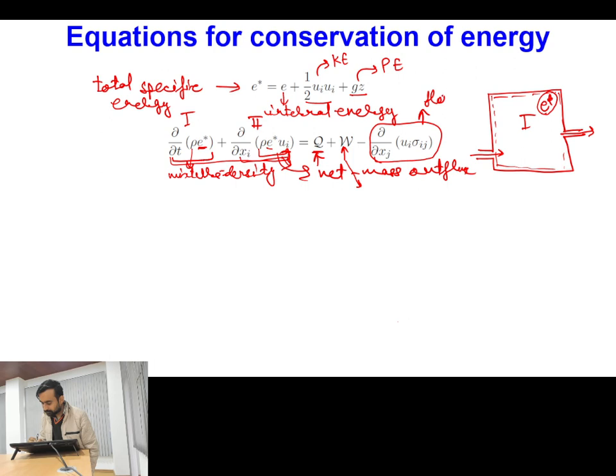Viscous effect. Flow work. Whenever you have a moving stream, we have a quantity called flow work. Typically in thermodynamics, we call the product of pressure and specific volume flow work.